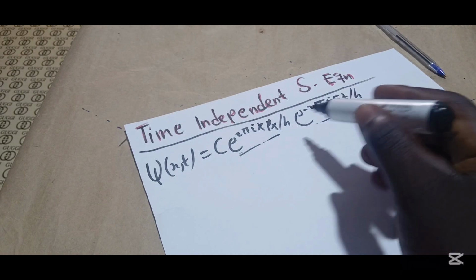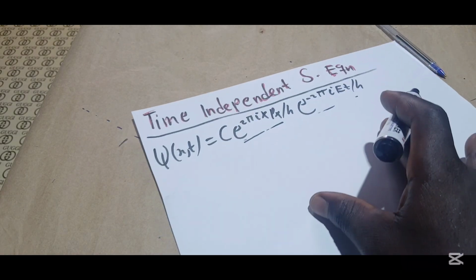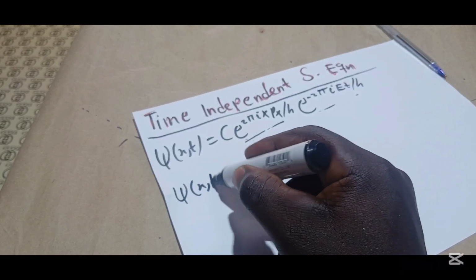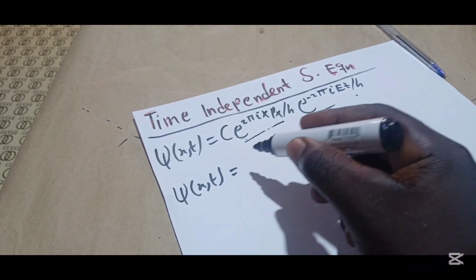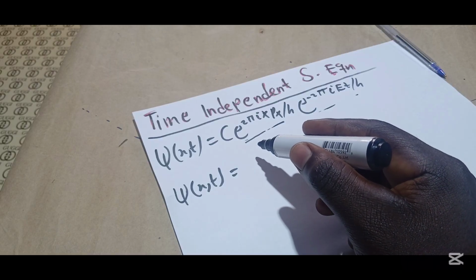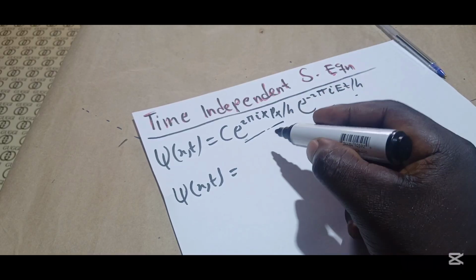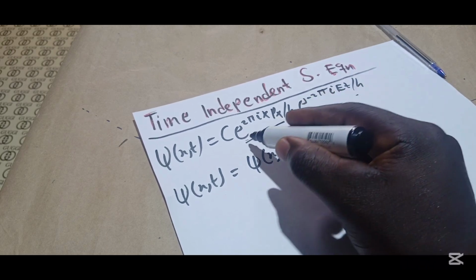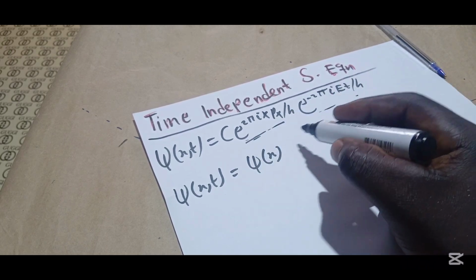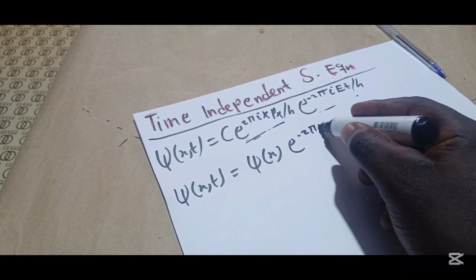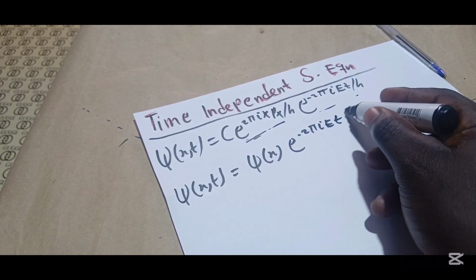So we can rewrite this equation of this form to be psi of x and t equal to, let's say, psi of x for this term here, and then e to the power minus 2 pi i E t over h.